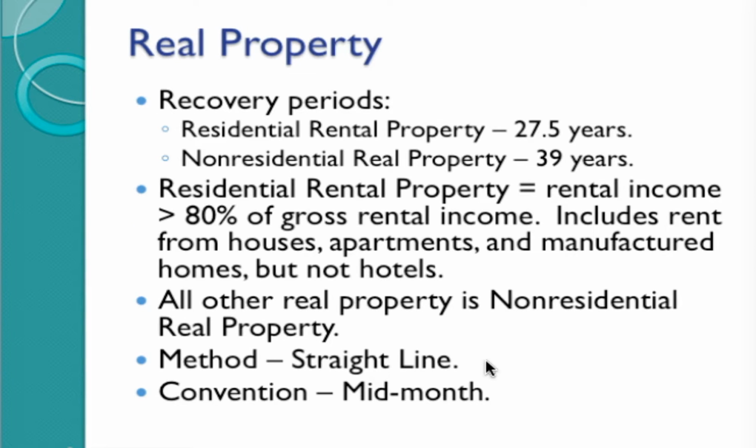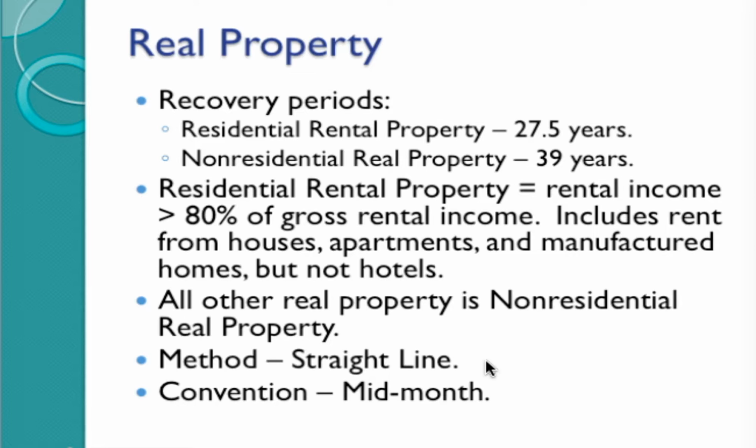Moving on to real property. Generally, real property is divided into two categories, at least real property that is able to be depreciated. Those two categories are residential rental property, which is given a period of 27.5 years under MACRS, and non-residential real property, which is basically anything that is not considered residential rental property, with a 39-year time period.